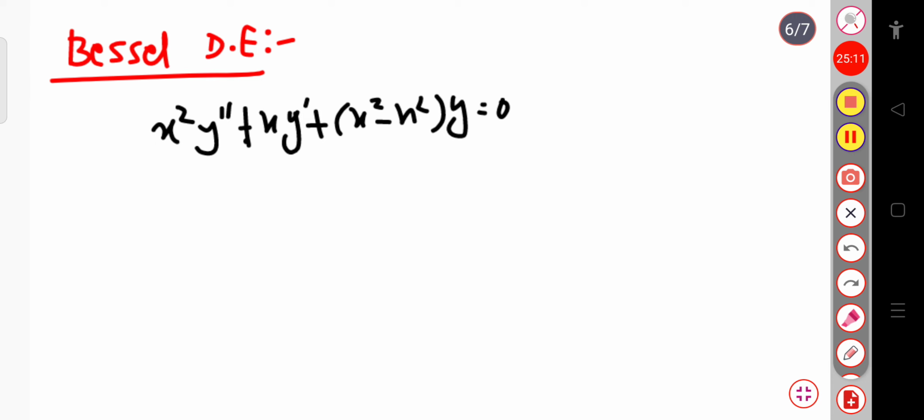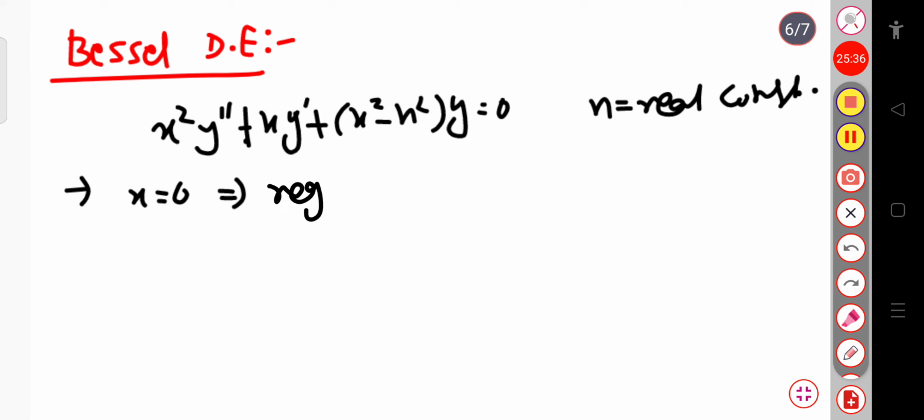Here n is called the real constant. So you can distinguish between the Legendre and the Bessel differential equation. Here x equal to 0 is the regular singular point.